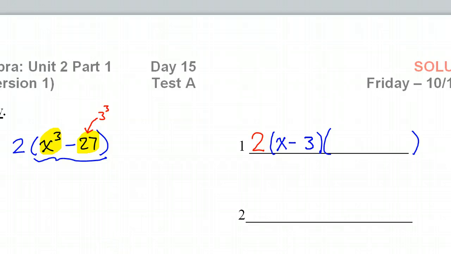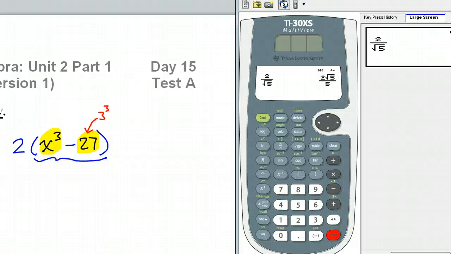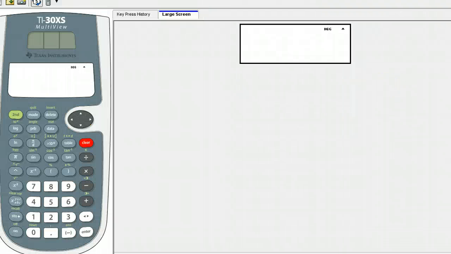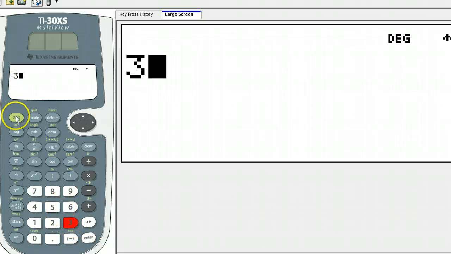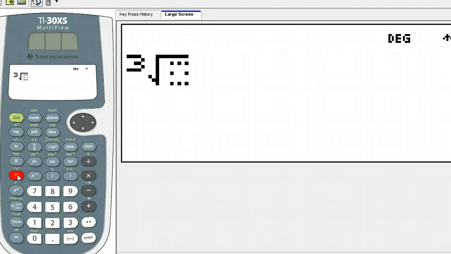Just for fun, I should mention that if you wanted to avoid making a list, your calculator will do the cube root. I'm not 100% sure you'll be allowed to use this calculator, but in case you are, and I hope you are, you can do the cube root by typing in the number 3 and then doing second and this button.